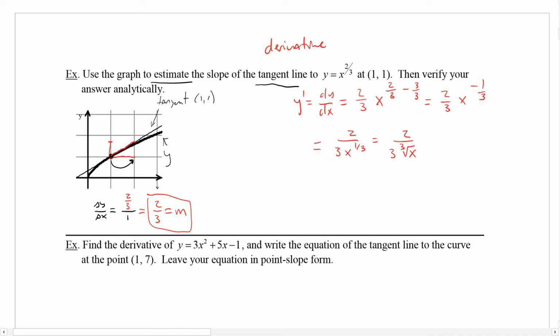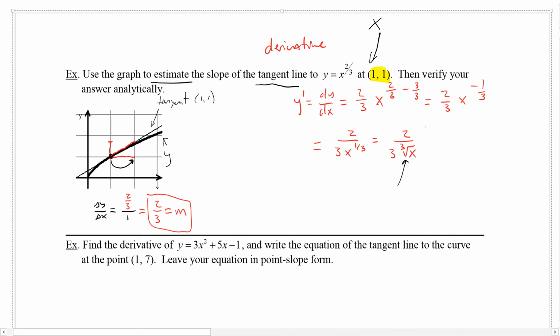But we're not done yet. It says to find the slope of the tangent line, so the derivative is only the first step. How do you find the slope of the tangent line when you're given a point? Plug in x. Plug in this x right here into this x right here.